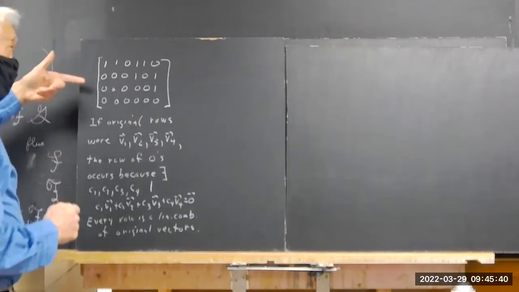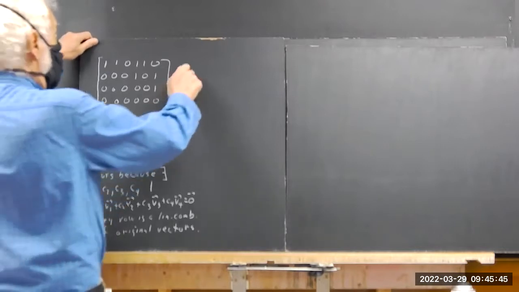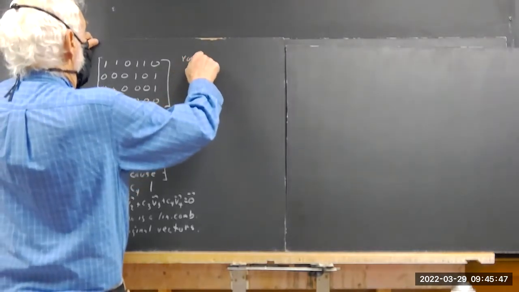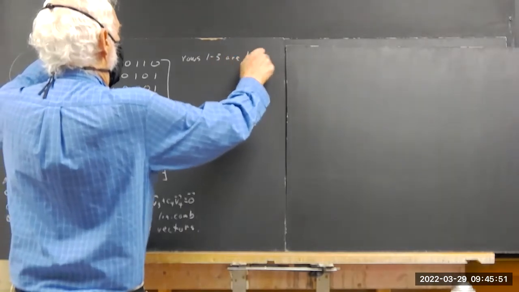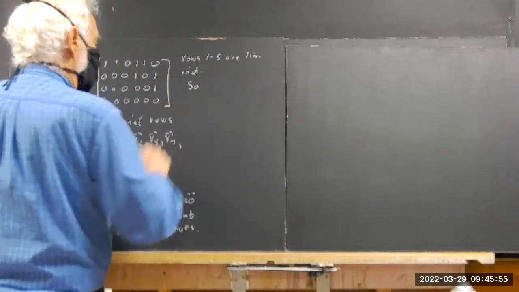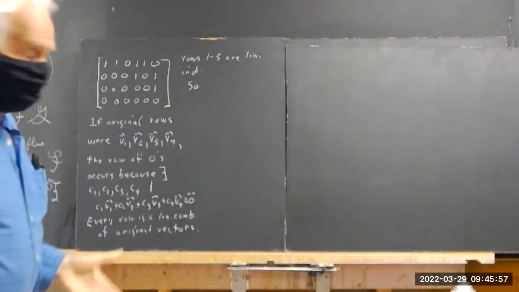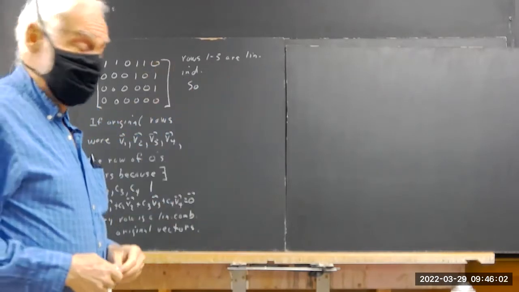Rows 1, 2, and 3 are linearly independent, clearly. And I still have a little bit to do. Leave it to you, and I'll trust you to make sure you put all this together. Okay.